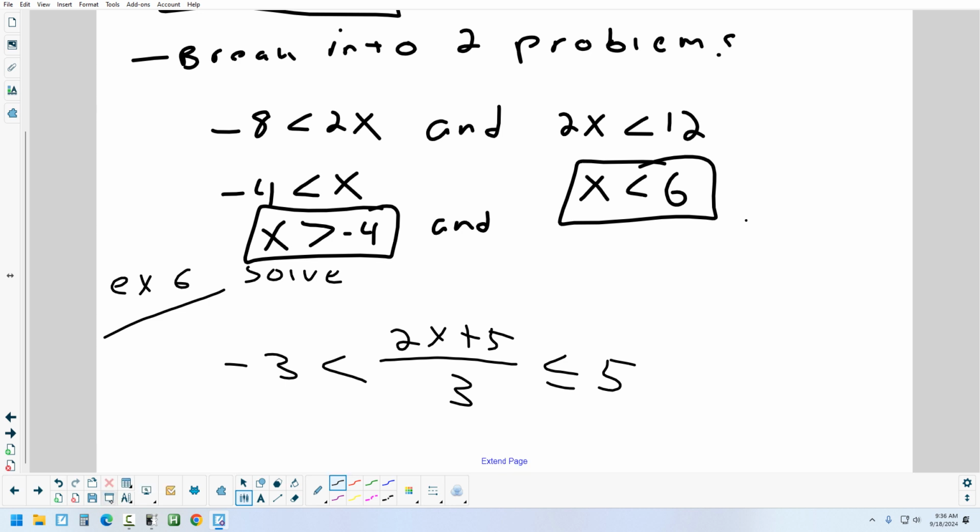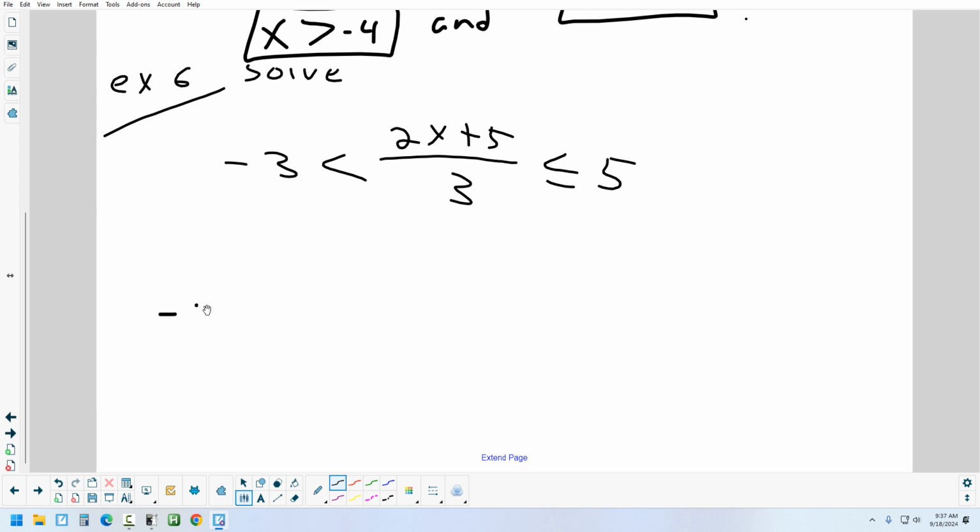Can anybody tell me, when I split that one up, what would be the 2 problems I would solve? Bill, could you tell me one of them that I would solve? -3 is less than (2x plus 5) over 2. Yep. So we solved that one. And can somebody give me the other one I would solve?